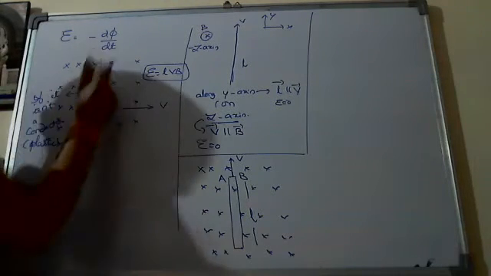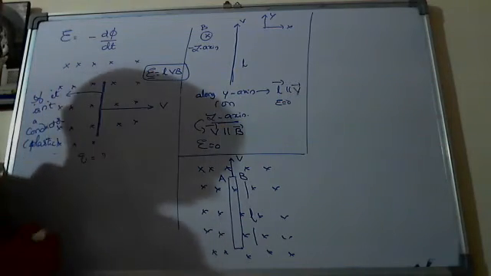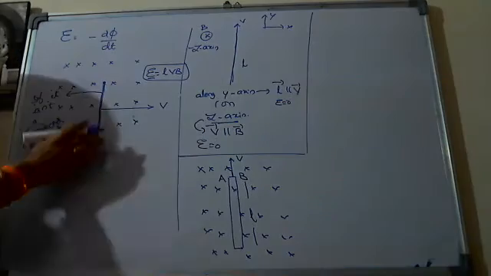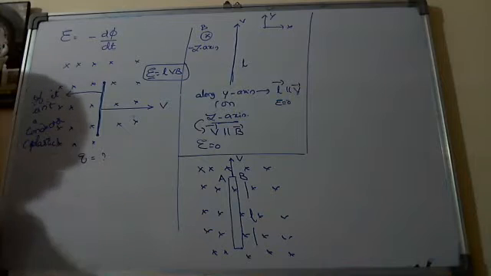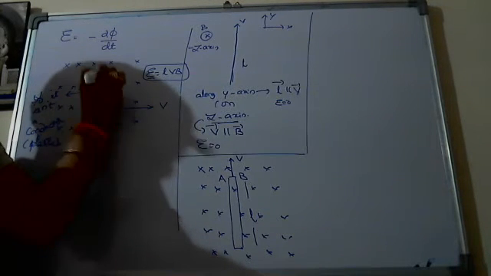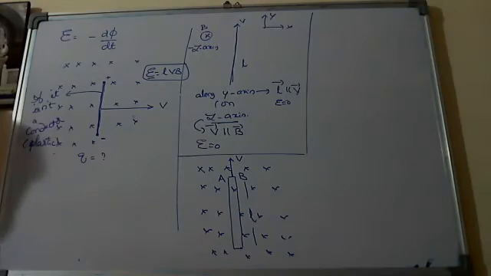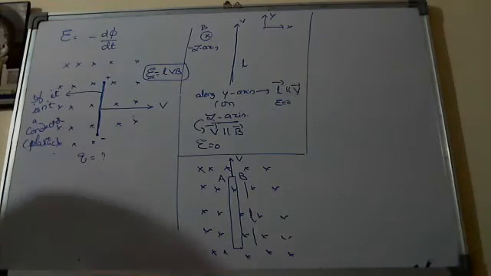Now, if the charge is 0, how can you say some EMF is induced? EMF means we require some potential difference. You get a potential difference only when one end behaves as positive and the other end as negative. Otherwise, how will you get that potential difference? So surely there will be some charge.